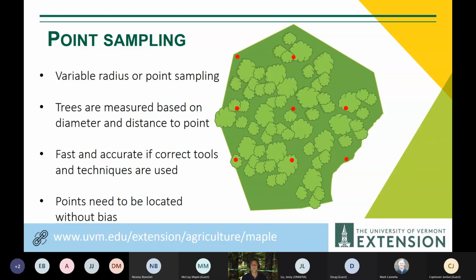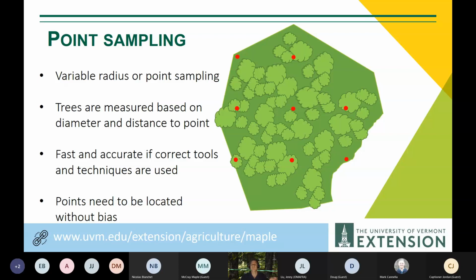What's really important, and this is true of point sampling or plot sampling, is that these points need to be located without bias or randomly. And by that, I mean, if you always put your points on that nice woods road that you always like to walk down, you're going to get a good sample of what the trees are around that nice woods road that you like to walk down, but it may not be a most representative sample of the trees you have in your woods.